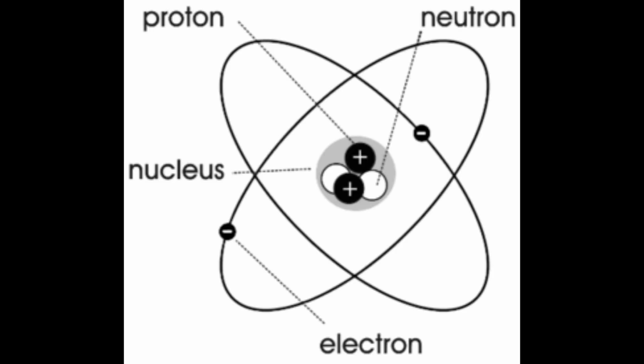There are several parts to a little tiny atom. The center of a little tiny atom is called the nucleus. The two particles inside the nucleus are the protons with a positive charge and the neutrons with a neutral charge. Orbiting around that nucleus are electrons, and electrons have a negative charge.